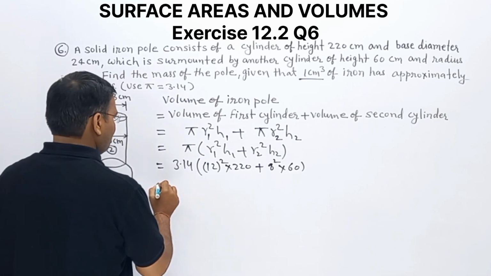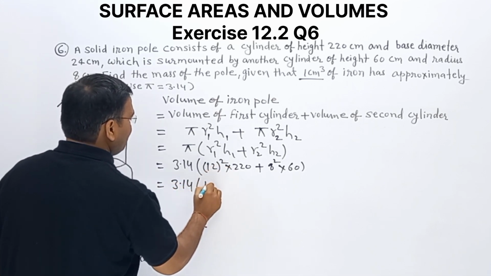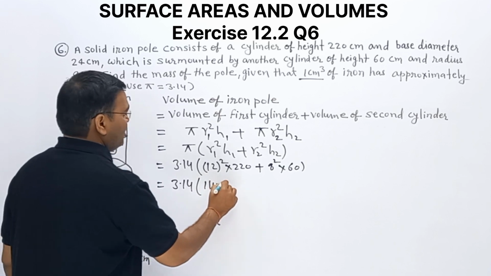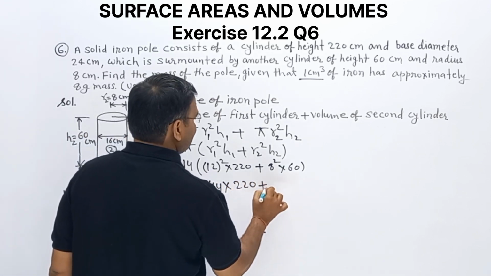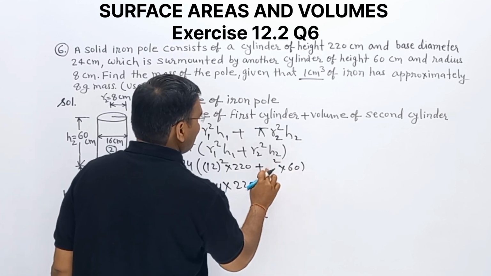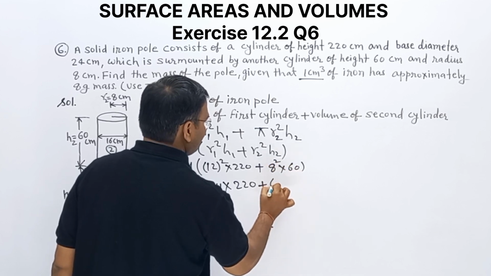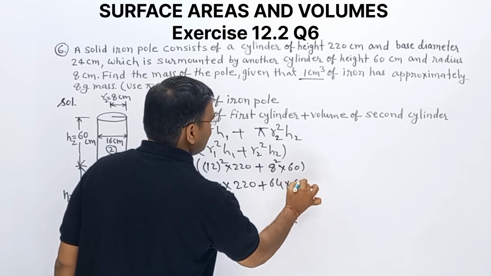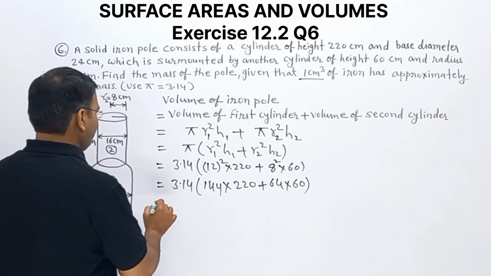Now solve. 3.14 into 12 square will be 144 into 220 plus 8 square, 64 into 60. Clear? Now multiply, add and then multiply.